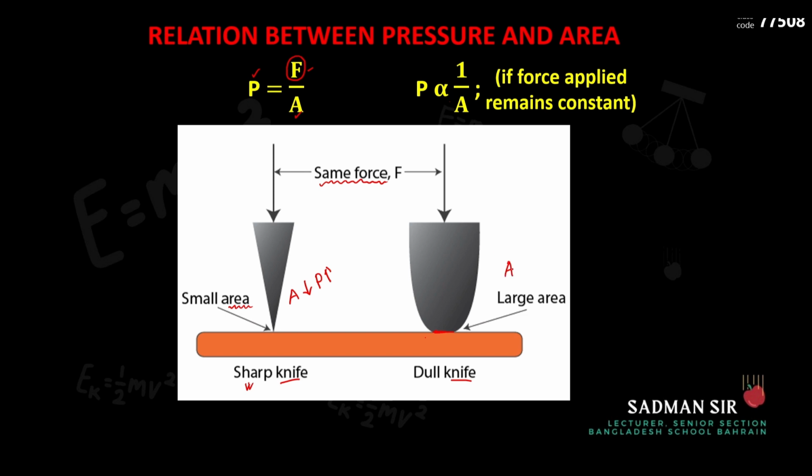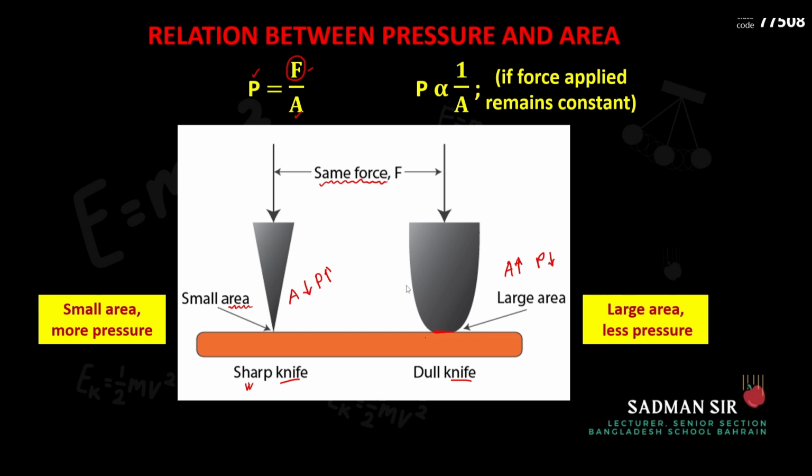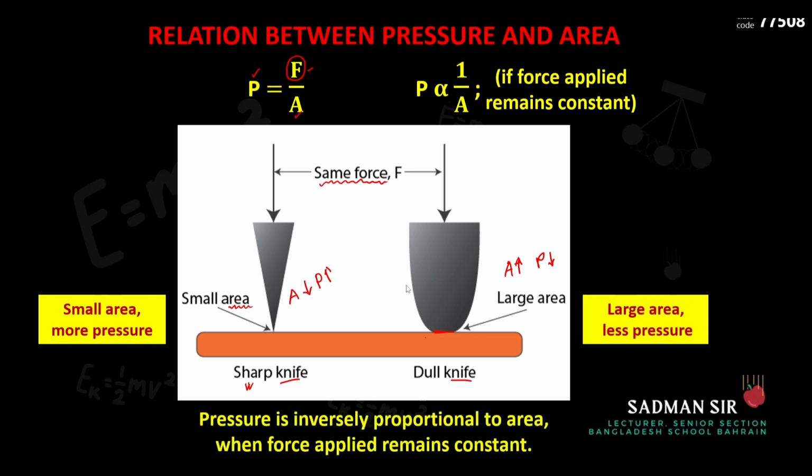As the area increased, what will happen? As they are inversely proportional, the pressure will drop down. Less pressure will be felt here, so it will be difficult for you to cut whatever you are cutting. So we can say a small area creates more pressure, and a large area creates less pressure. So pressure is inversely proportional to area when the force applied remains constant.